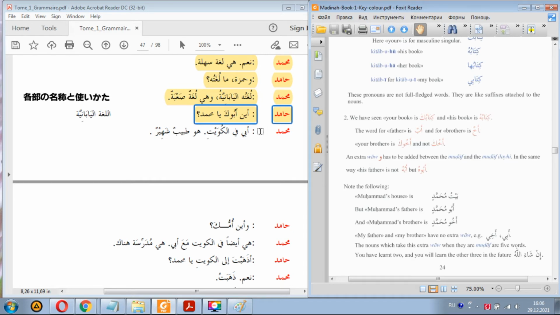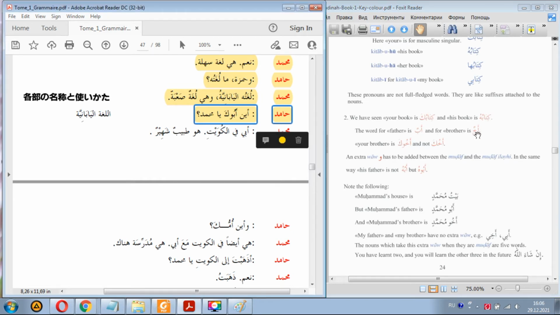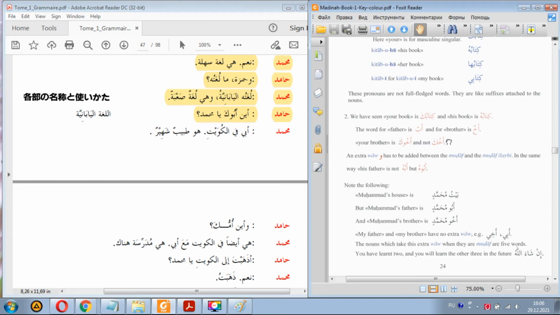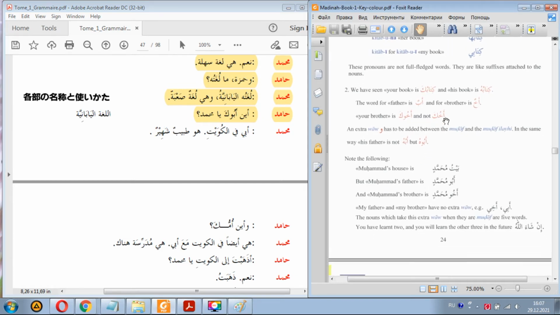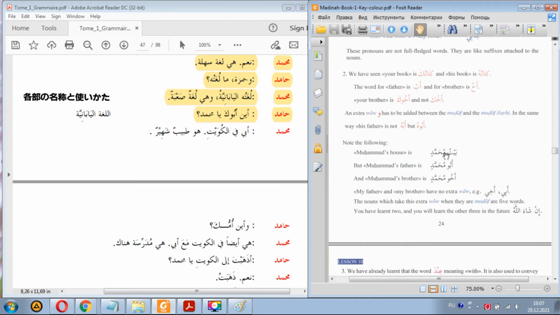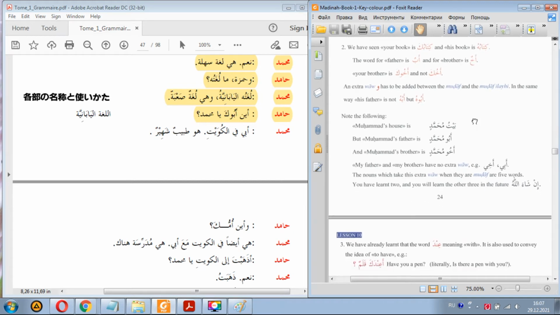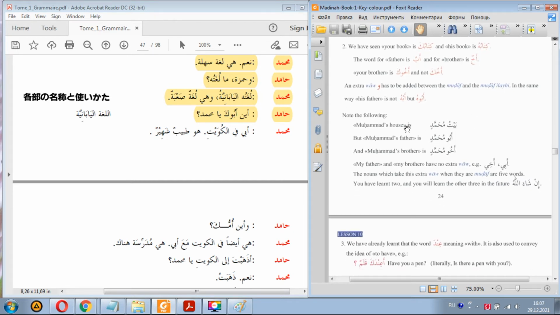These words like abun, akhun, where original letters just disappeared over time, are not many. There are only five nouns like this. For now, you are introduced to only 2 of these 5 nouns, abun and akhun, and for now that's enough for you.